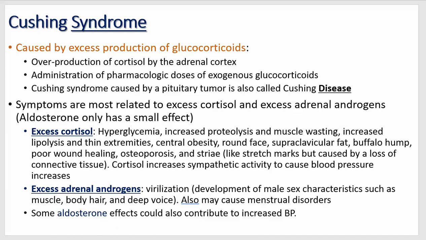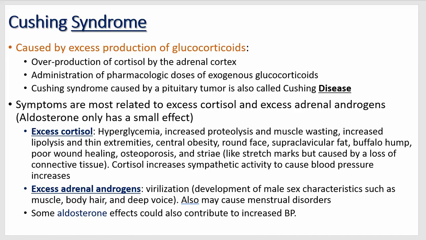If we have a pituitary tumor causing activation of the adrenal gland, then you're going to see increased cortisol and increased androgens, but you won't necessarily see increased aldosterone. A little bit maybe, because it activates that first step of cholesterol processing, but primarily you're going to have an increase in cortisol and androgens.